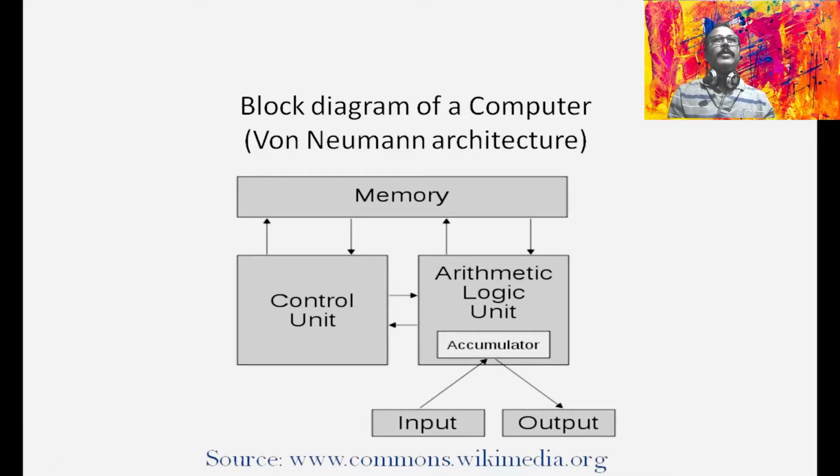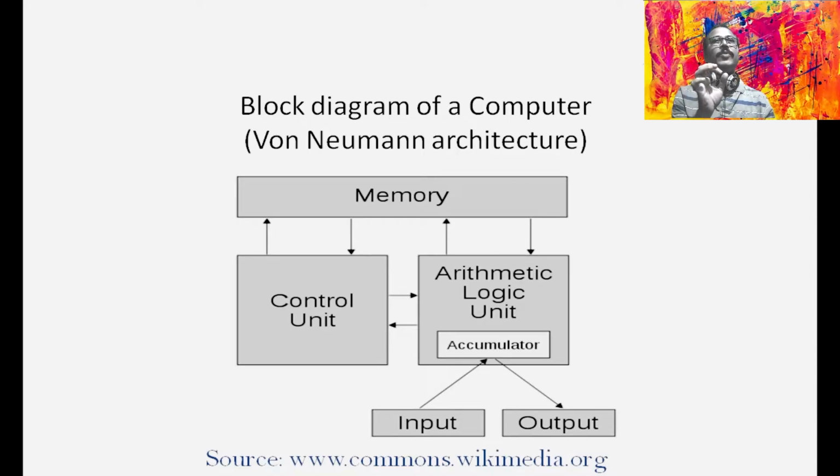Okay. If you consider this as a computer, memory is a place where you store your data and programs. If you want to be specific, you can store your images, videos, etc. also in memory. There are different types of memory that we are going to discuss, but memory is a storage device.